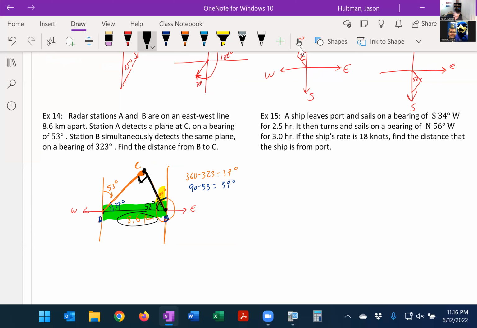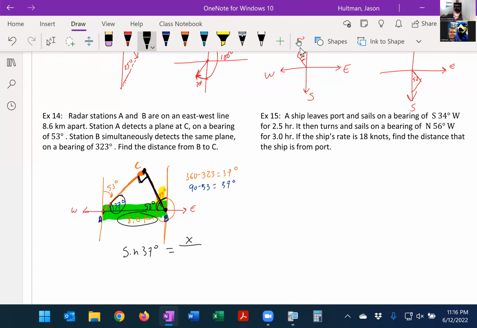Well, we have all the angles, and so we could easily use this 37 degrees to get the opposite over the hypotenuse. And what's opposite over hypotenuse? Yeah, that's sine. So we could say the sine of 37 degrees is equal to the opposite, which is what we're looking for. I'll call that x.